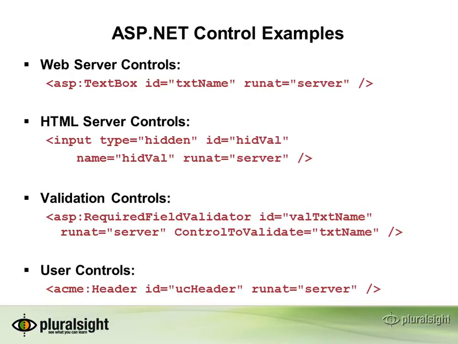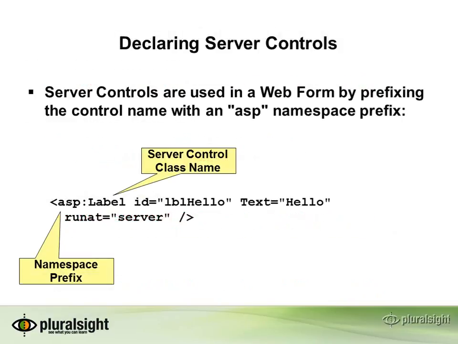Now that we've talked through some of the key aspects of server controls, let's take a little bit closer look. So as I mentioned earlier, every web server or HTML server control will always have run at equals server. That is a requirement. Now if it's a web server control, these are the more robust classes that Microsoft wrote that generate HTML, then you'll always have ASP: as the namespace prefix, and really all this does is simplify having to type out, or prevents having to type out, a longer namespace.